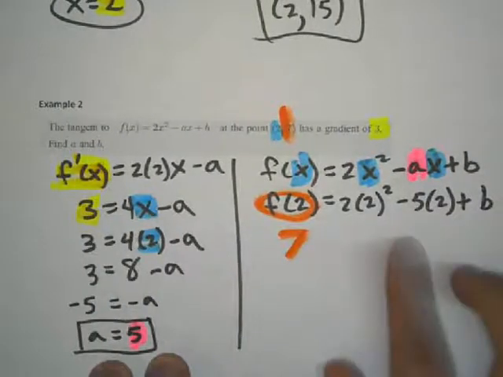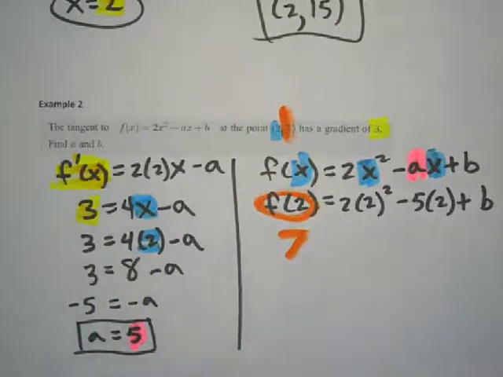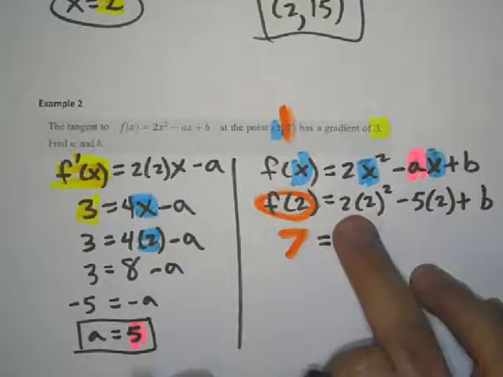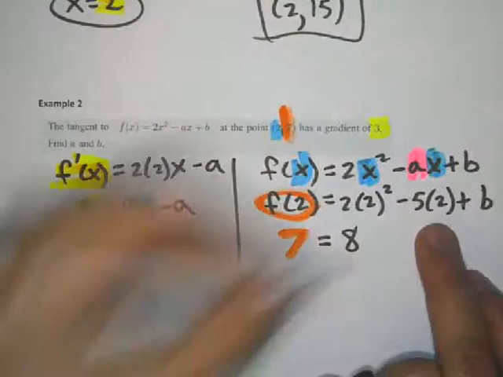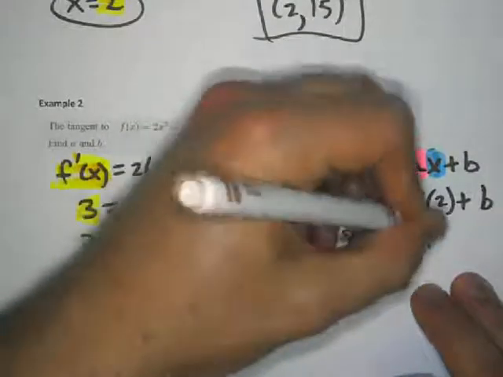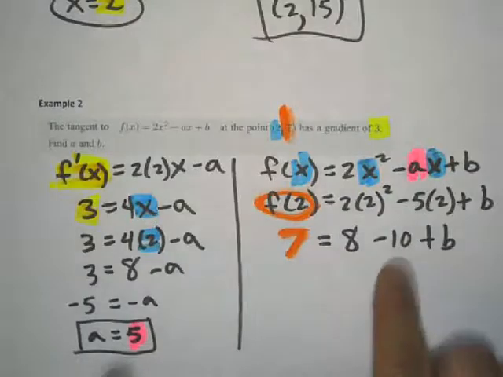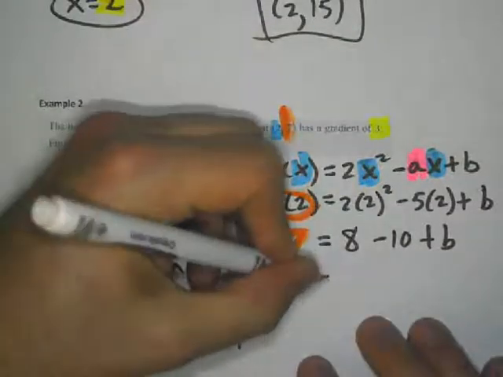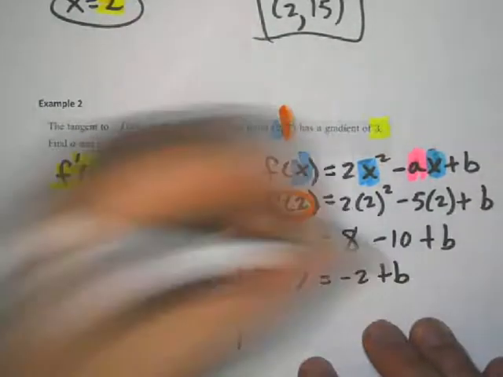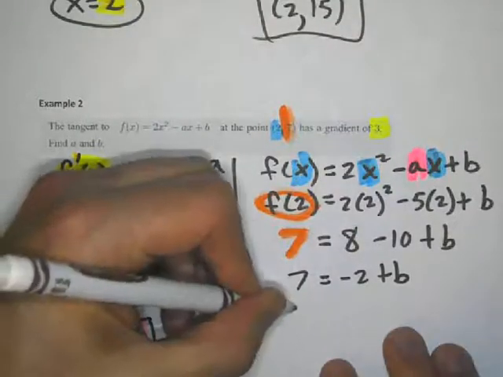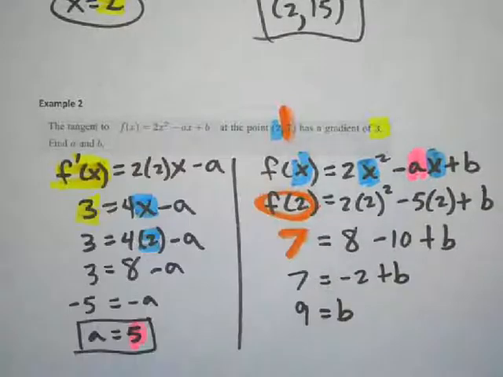So let's solve this. 7 equals 2 squared is 4, 4 times 2 is 8, minus 10 plus b. 8 minus 10 is negative 2. Add 2 on both sides, and I end up with b is equal to 9.